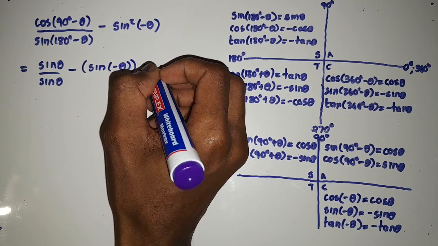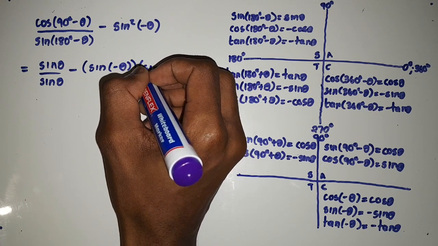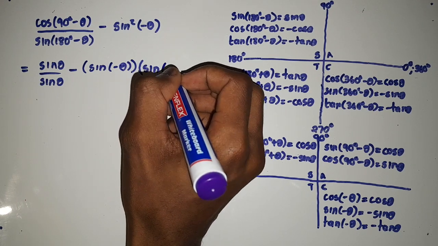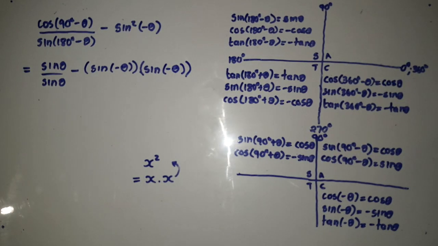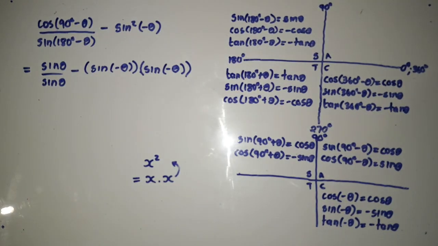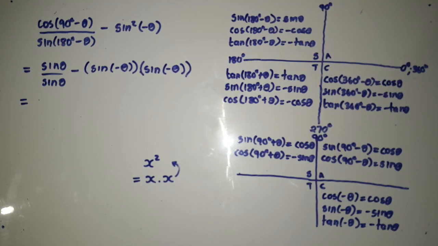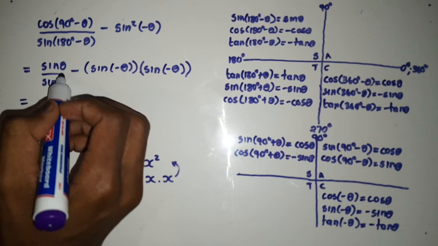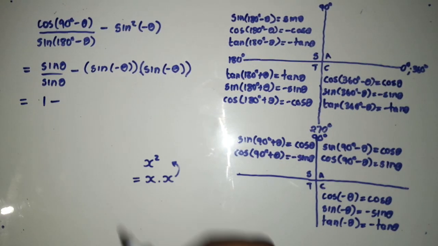We also have again sine negative angle like this. I hope you can see. Sine with sine, it takes us back to sine squared. Then immediately after doing this, we know that this one is going to divide with this one. We are going to get 1 minus.